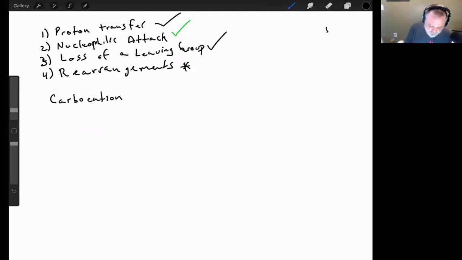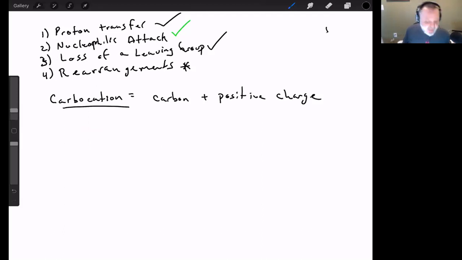All right, so a carbocation is a carbon with a positive charge. So in order to have a positive charge, the carbon must be missing a bond.